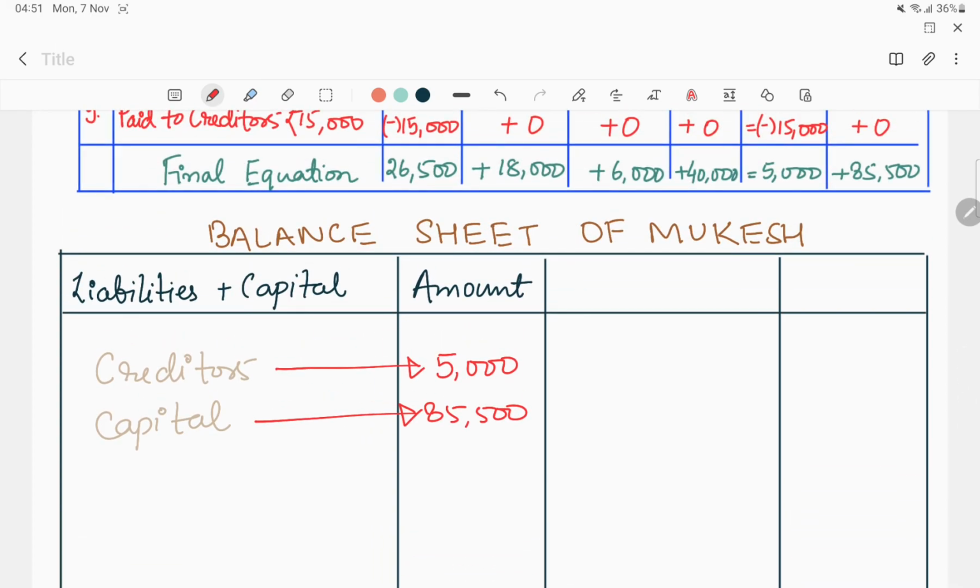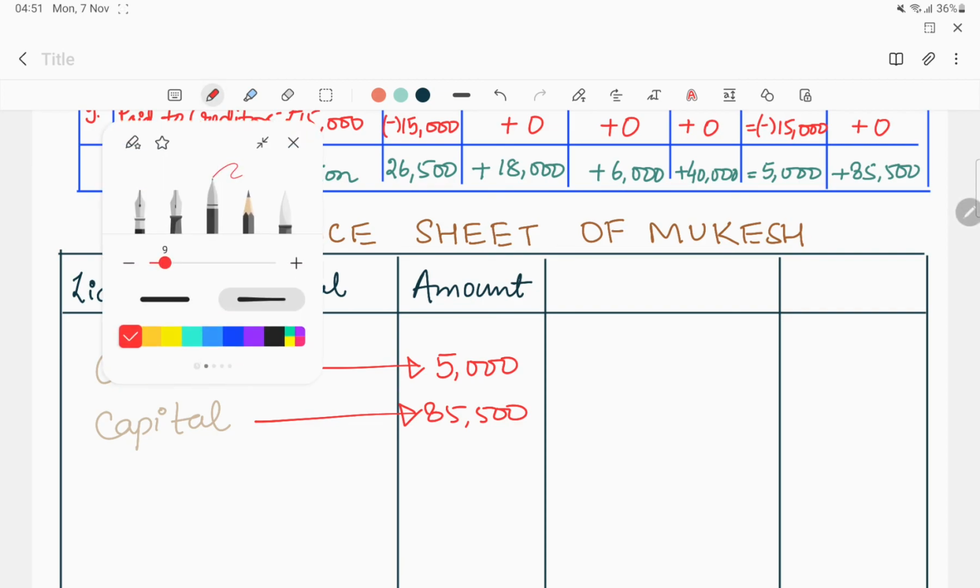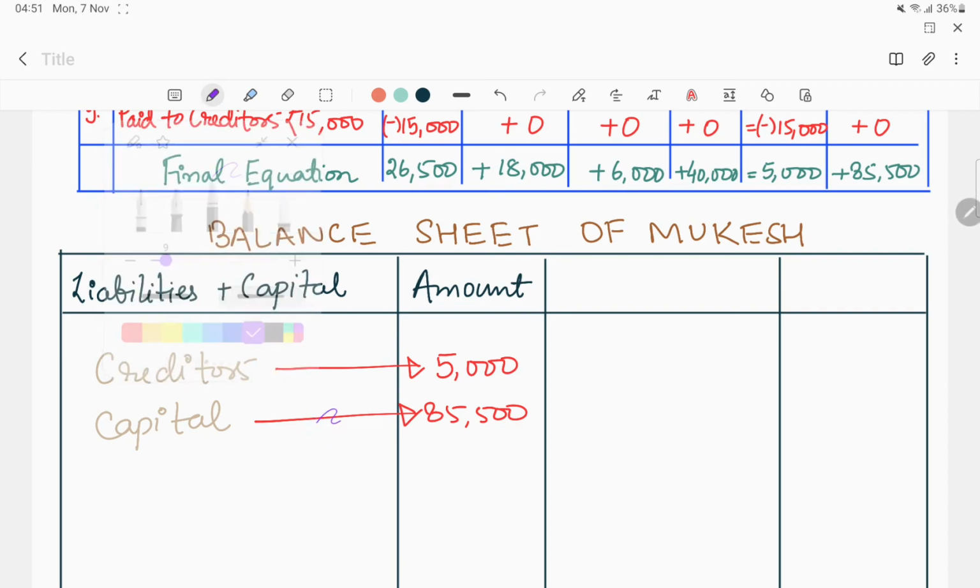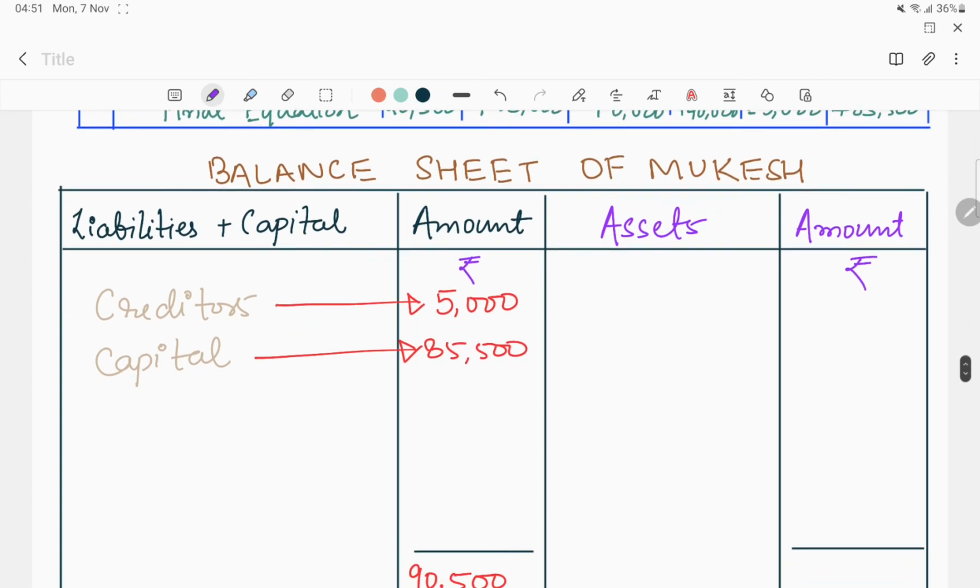And on the right hand side of this table we are going to write assets and their amounts. Assets we have here in the form of cash, stock, furniture, and debtors.